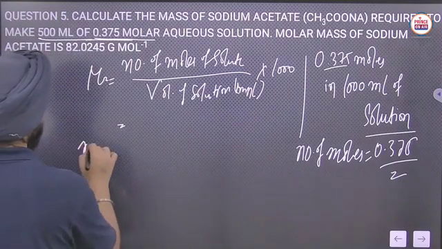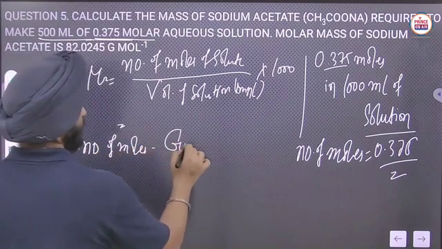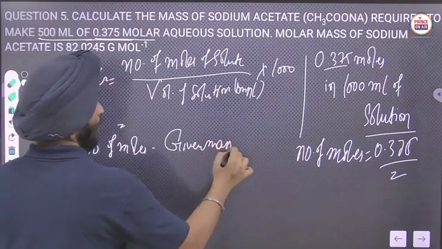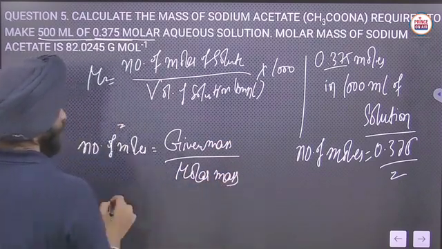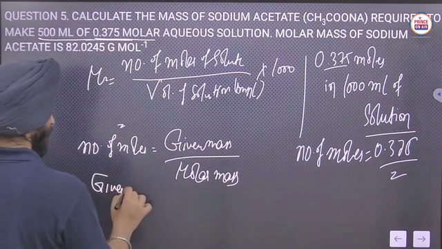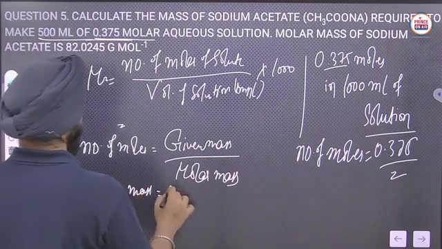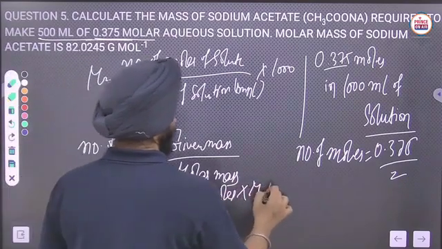Now in this case, we have to calculate the mass. The number of moles equals given mass upon molar mass, so the given mass comes out to be number of moles into molar mass.